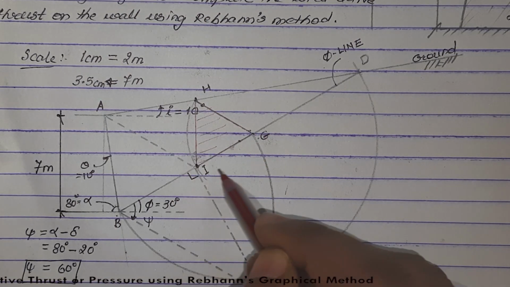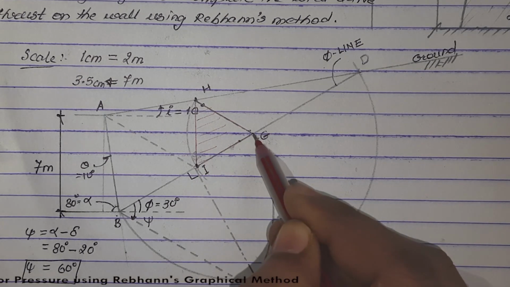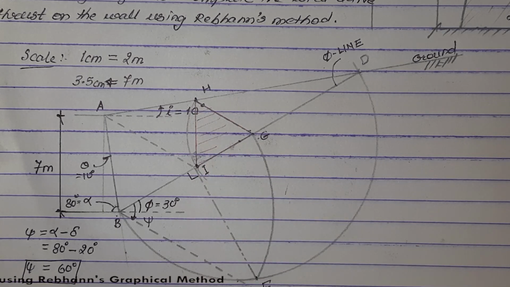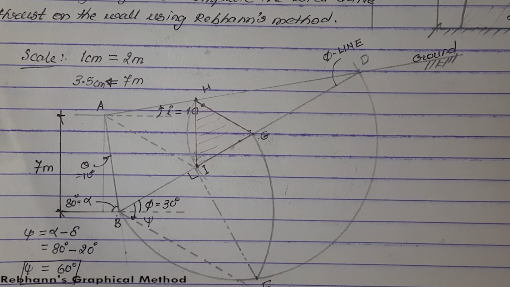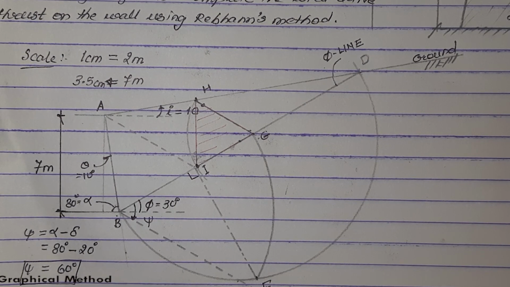Area of this triangle will give us the value of total active thrust, for which we will require base GI and height, this height of the triangle. Get the height and base of the triangle. To get the height, we have to draw a line perpendicular to the base.